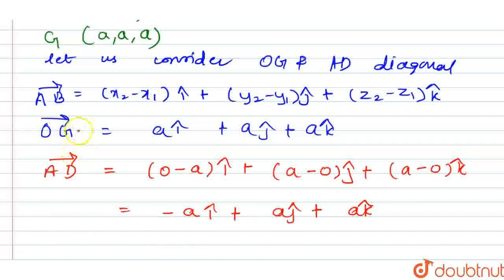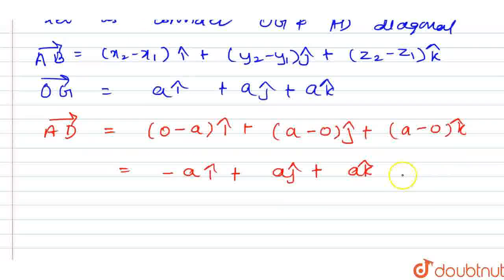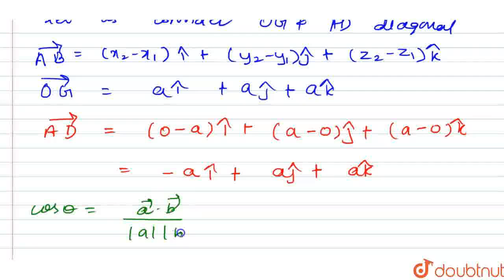To find cos theta, we have the formula: cos theta is equal to a vector dot b vector upon mod of a into mod of b. Here our a vector and b vector are these two, so let us find the magnitude of both vectors.